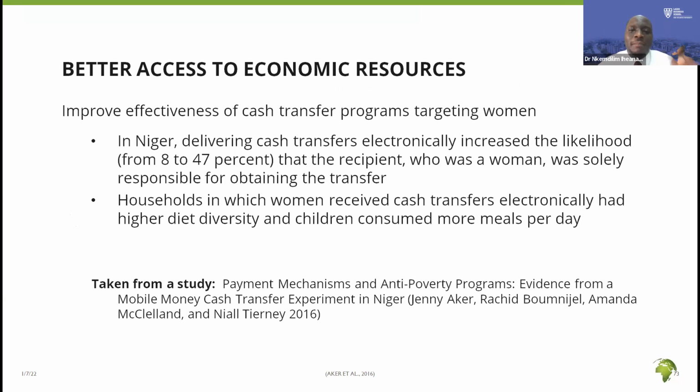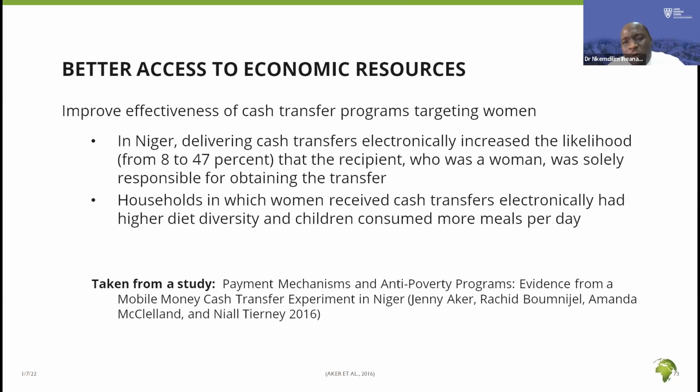Now, when we talk about better access to economic resources, we're talking about, for instance, increasing the effectiveness of cash transfer programs that target women. So for instance, in Niger, delivering cash transfers electronically has increased the likelihood that the recipient, who was a woman, was solely responsible for obtaining the transfer. So making these cash transfers electronic has increased the likelihood that a woman is not bypassed.